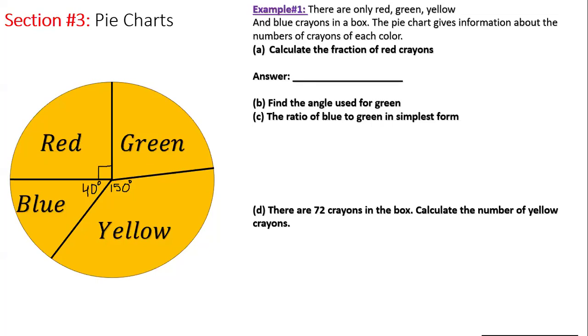B. Find the angle used for green. C. The ratio of blue to green in simplest form. D. There are 72 crayons in the box. Calculate the number of yellow crayons. Very good.